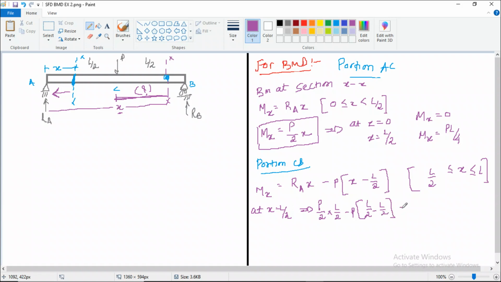So it will be again PL by 4, because this will become 0, and at x is equal to L, what we will get? P by 2 into L minus P into L minus L by 2. So if we simplify this, we will get this term as 0.